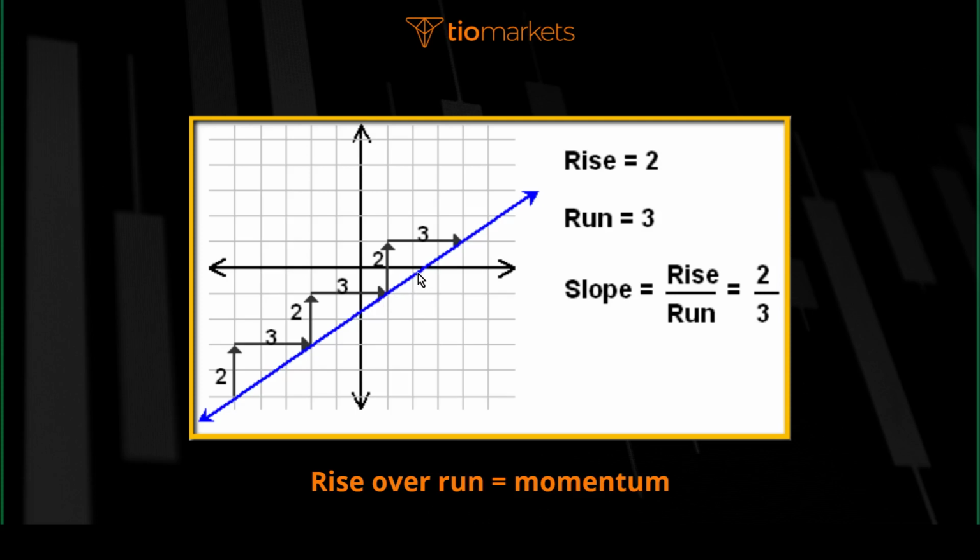As you can see, for every 3 units we make 2 units on price. So the price moves up by 2 units if there are 3 units of time. So that's how we get this rise over run being 2 over 3.